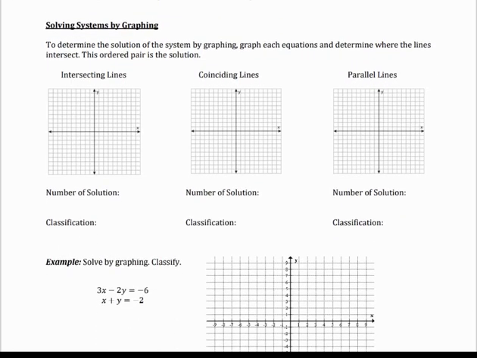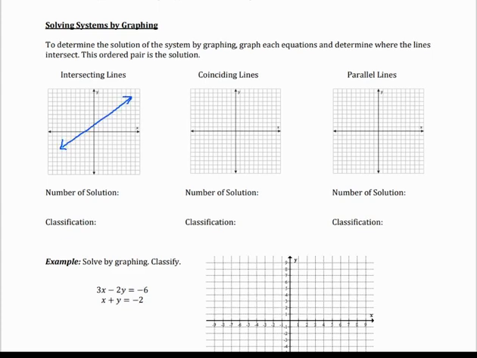When we're graphing, we will have three different scenarios. The first scenario is that we could get intersecting lines. For example, one equation gives me a line that looks like this, and another equation gives me a line that looks like that. Clearly, these lines are intersecting, and where they intersect is the solution. So when we have intersecting lines, we have one solution, and we would write that as an ordered pair.